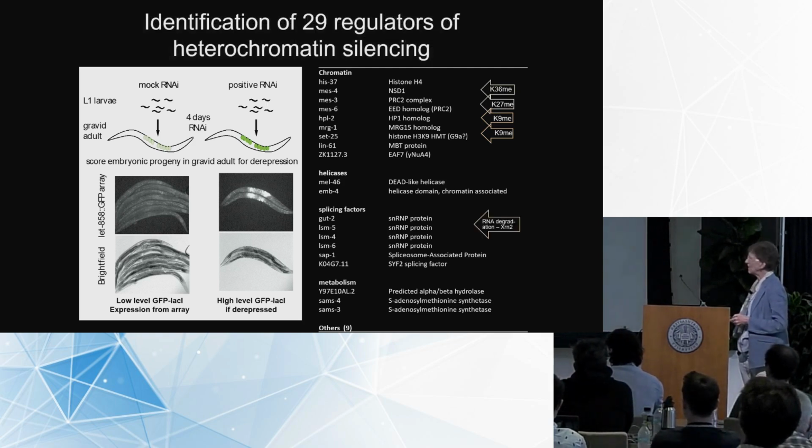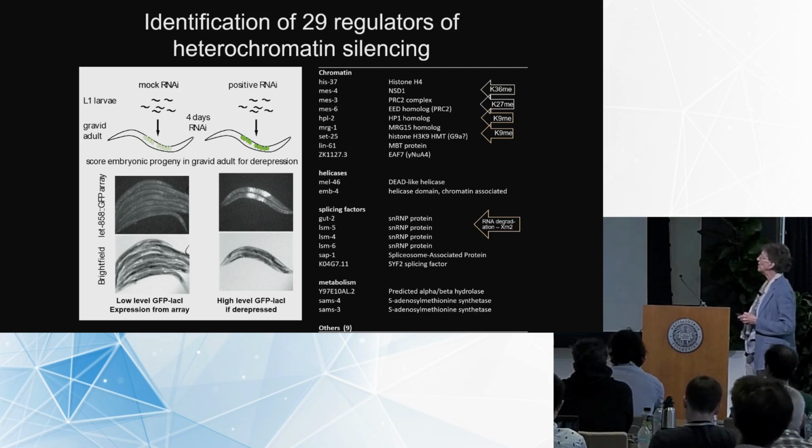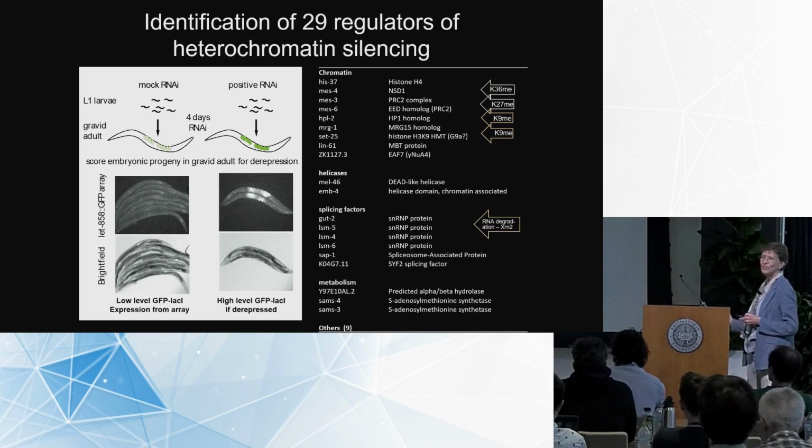There were about 29 regulators that de-repressed heterochromatin in worms. Most of them were heterochromatin marks, the ones you expect, K9-methyl, K27-methyl, and some that we didn't expect. But most of them fell into the category of explicable chromatin marks from everything we know, a DNA degradation machinery that was studied further.